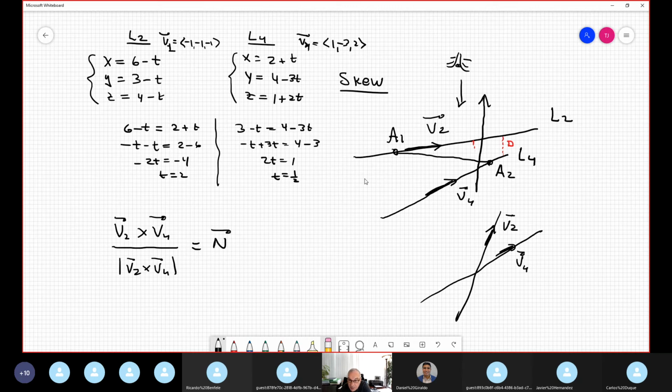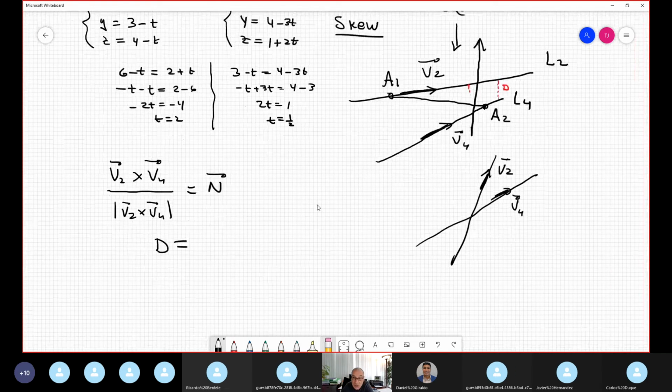It's parallel to D. Therefore, to find the distance, the famous distance I'm looking for, which is a scalar, of course, you perform the dot product between the vector A1, A2 and vector M.